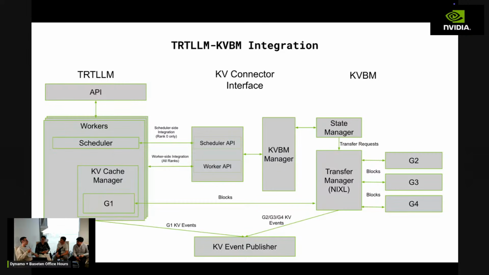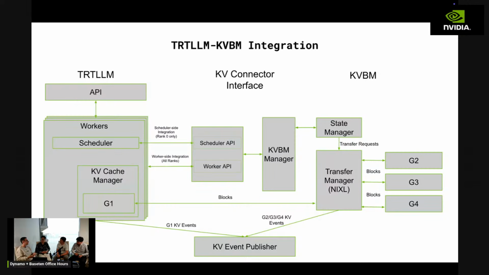To deal with this, we arbitrarily decide rank 0 is the rank that we run our scheduler side interface on, and then we use some of the existing MPI logic in TRTLM to broadcast the results of the calls to the scheduler side interface on rank 0 to all the other ranks.